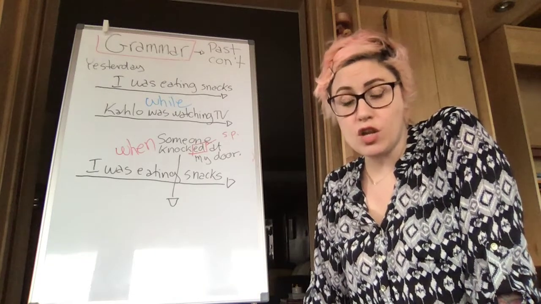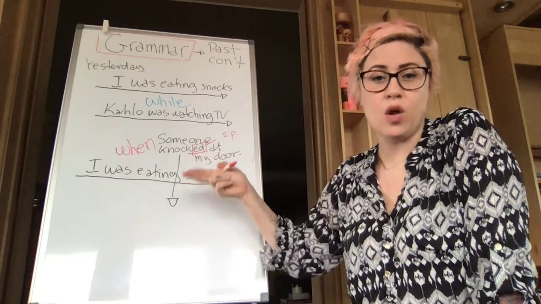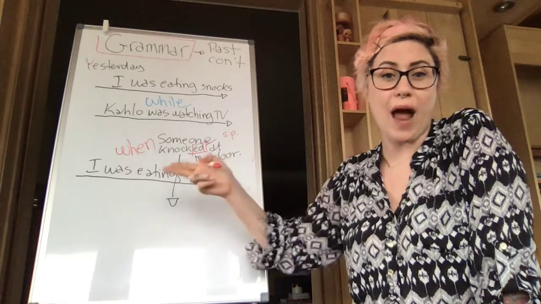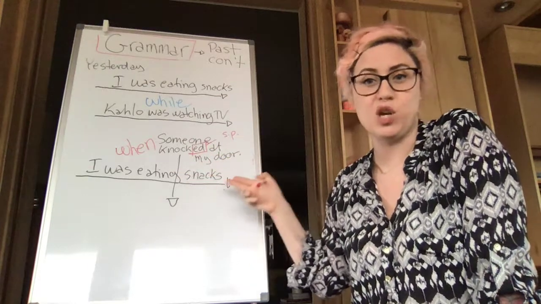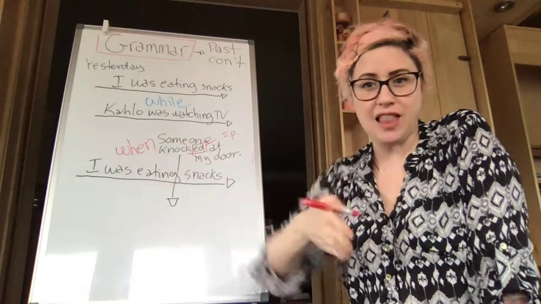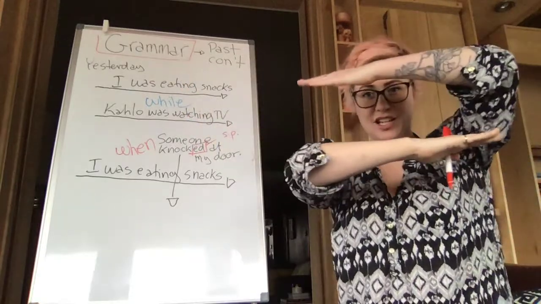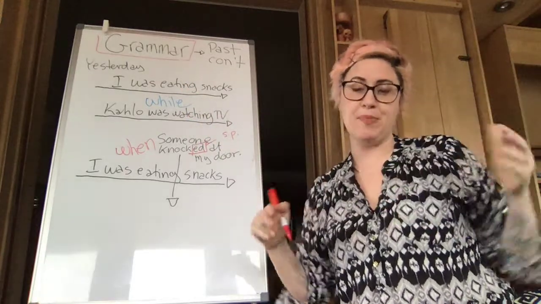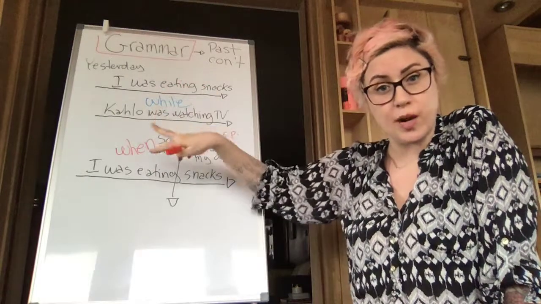Okay, and then again, this can be either way. So someone knocked at my door when I was eating snacks, or I was eating snacks when someone knocked at my door. So when generally feels like an interruption, and while generally feels like two things are happening at the same time. Now, sometimes people use these words in both of these situations.